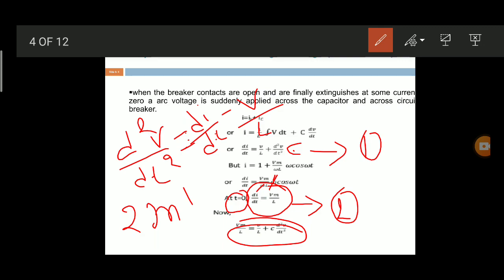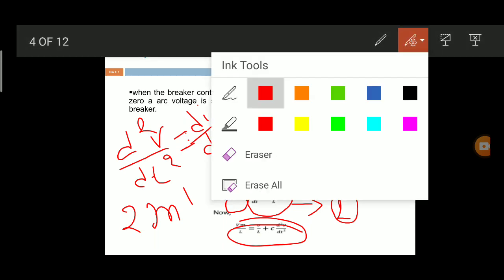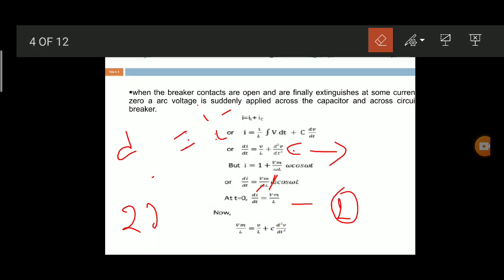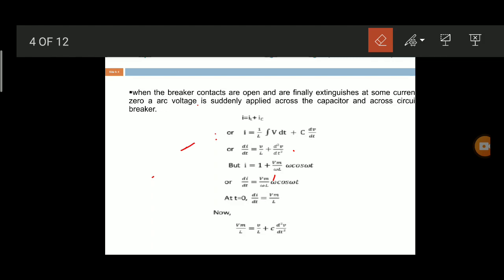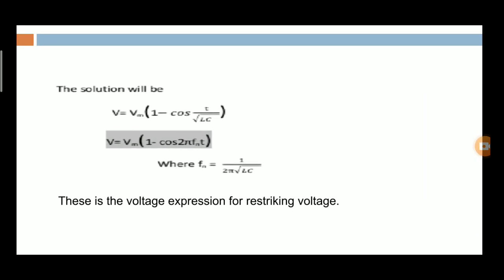And then by solving this equation, we will obtain the restriking voltage. Okay, by solving that equation we obtain V equal to Vm into 1 minus cos t by root LC.